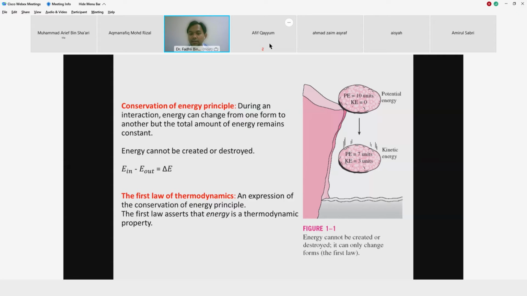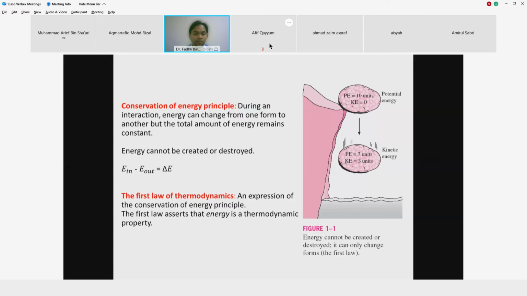Akan berubah kepada kinetic energy because there is a velocity there. 3 unit yang hilang daripada potential energy transform to kinetic energy. Energy cannot be created nor destroyed. We cannot destroy the 3 units of potential energy tadi, okay? But it is transformed into another form of energy, which is kinetic energy. So energy cannot be created or destroyed.